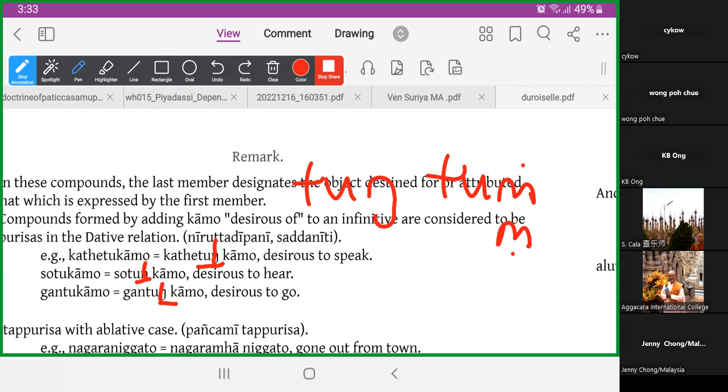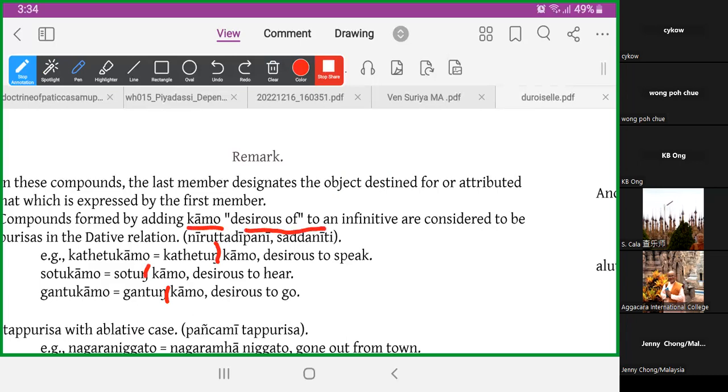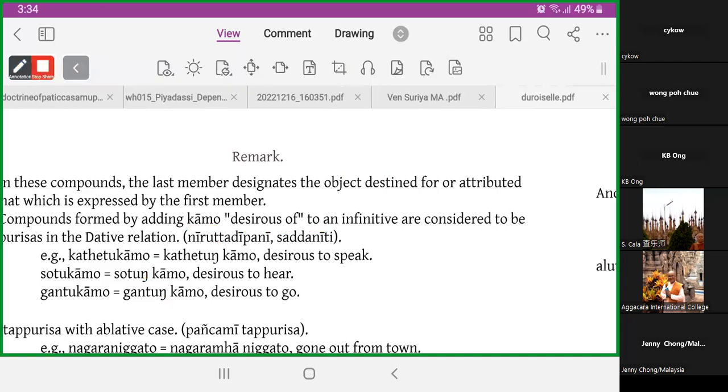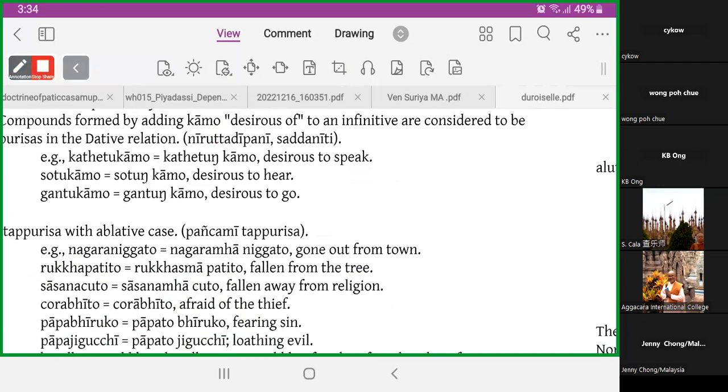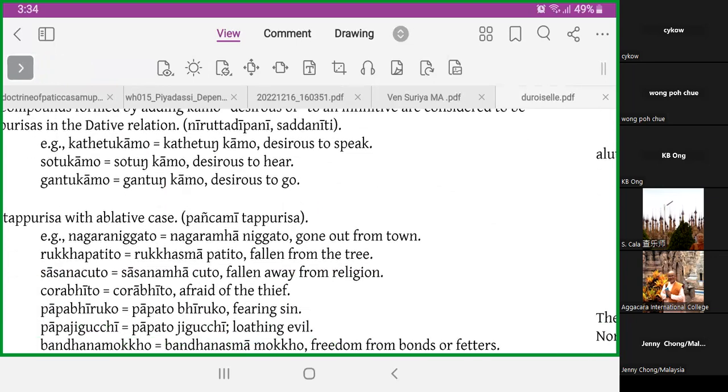So katetum kamo becomes katetukamo. Sotum kamo, you drop the m dot, you become sotukamo. Gantum kamo, drop it, you become gantukamo. So this is very easy. You just drop this final m dot. Then it has the kamo, right? Kamo is wish or desire. Okay, so we finished this chapter.